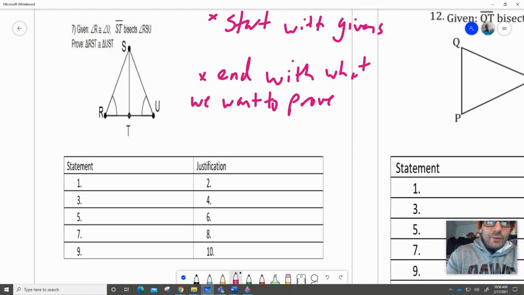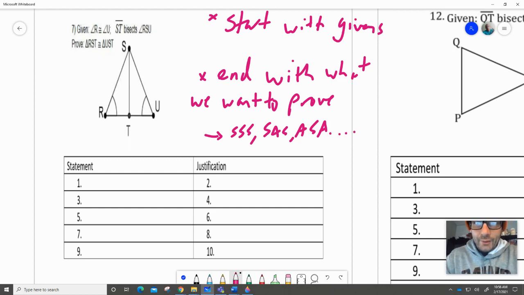And the justification for what we want to prove, if we're proving triangles to be congruent, which is what we're doing here, is either going to be side-side-side, or side-angle-side, or one of those that we did on the 6A notes.